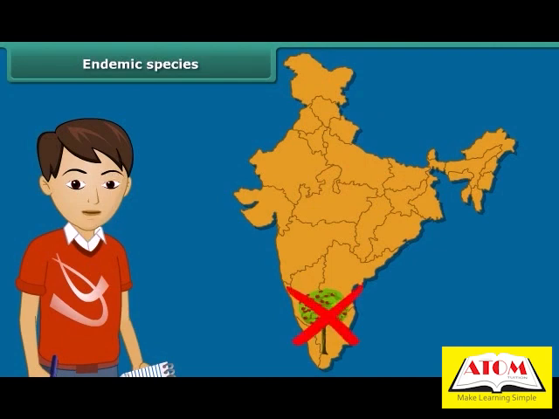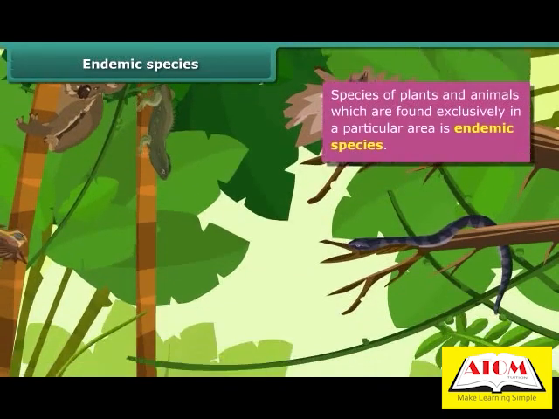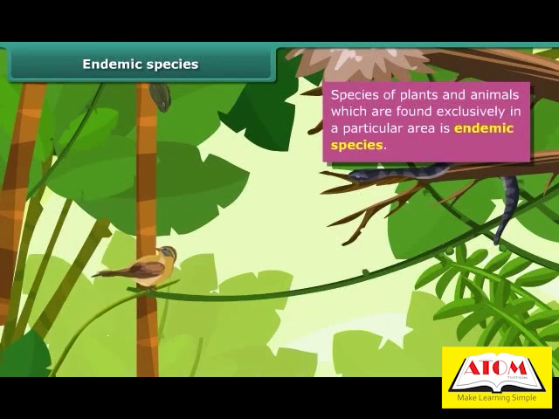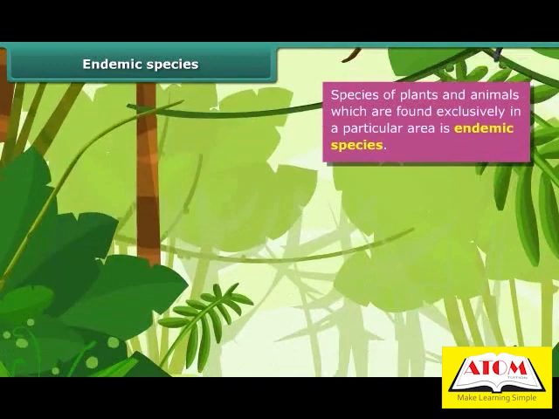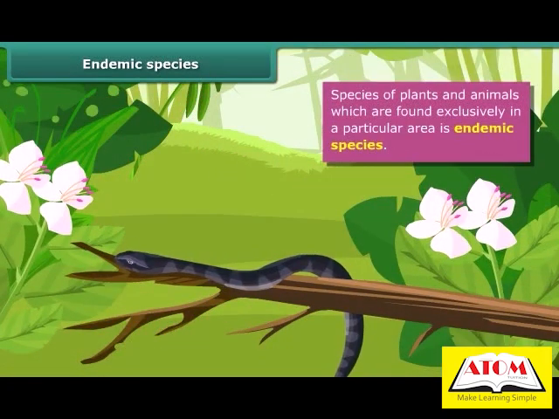No. Apple trees are usually found in the northern parts of India. Thus, species of plants and animals which are found exclusively in a particular area are called endemic species. They are not found anywhere else. A particular type of animal or plant may be endemic to a zone, a state, or a country.